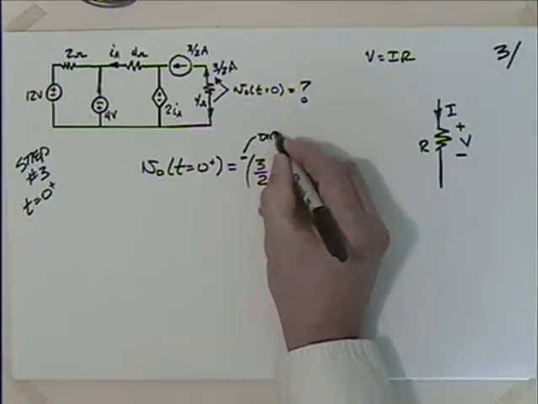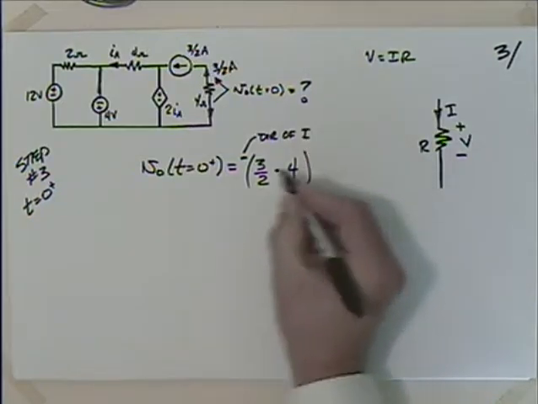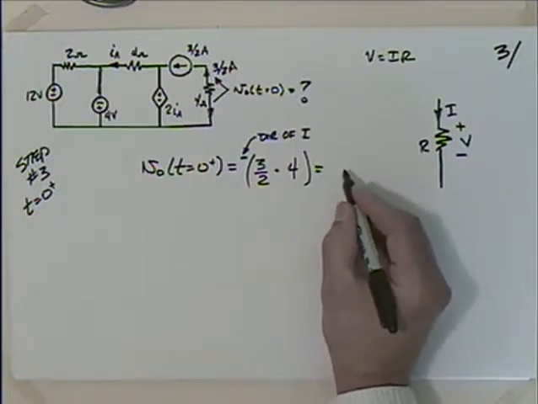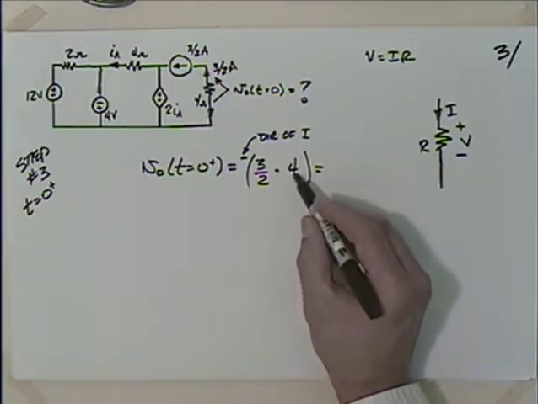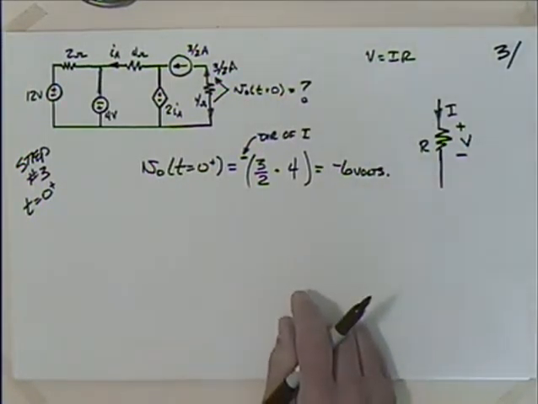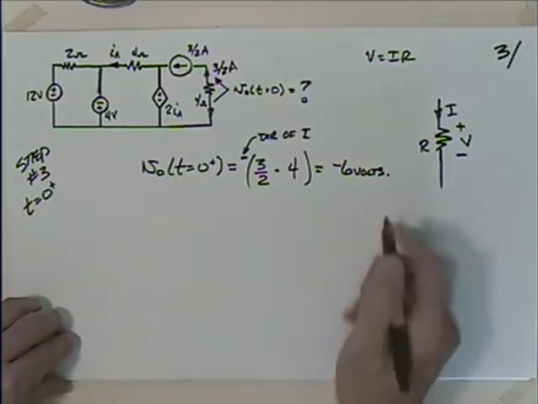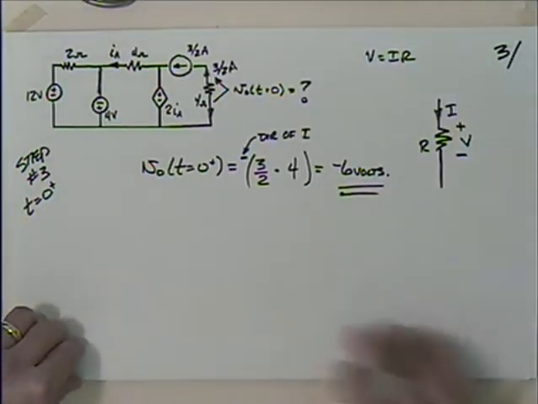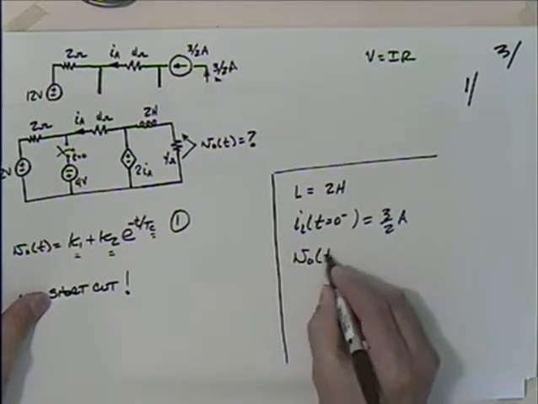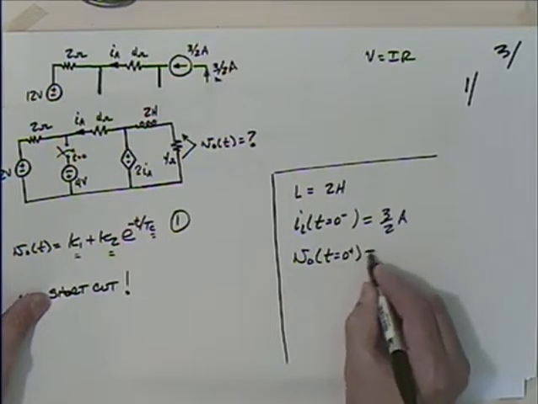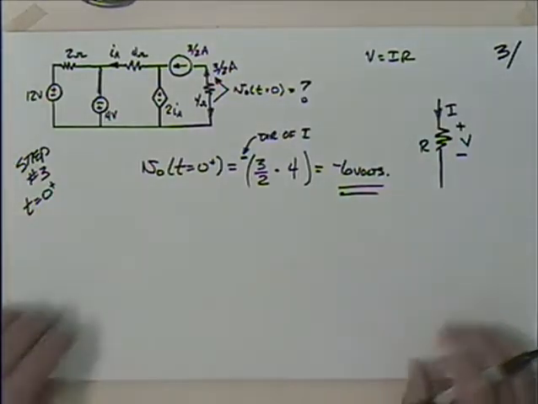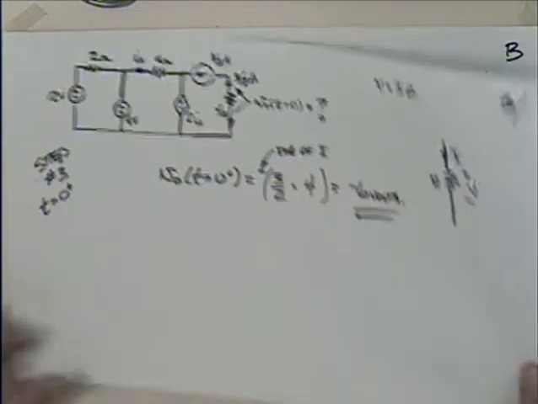Okay, so with this, I come up with an answer that this is equal to minus 6 volts. So let me go back and put that in our scorecard. V_0 at t equals 0 plus is equal to minus 6 volts. So then we're ready to move on to step number 4.